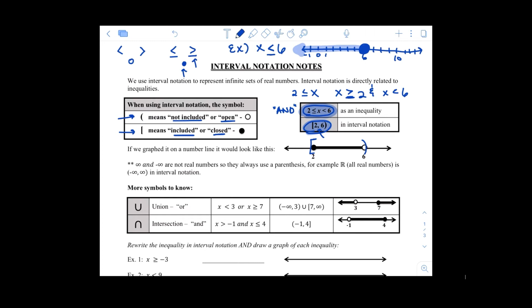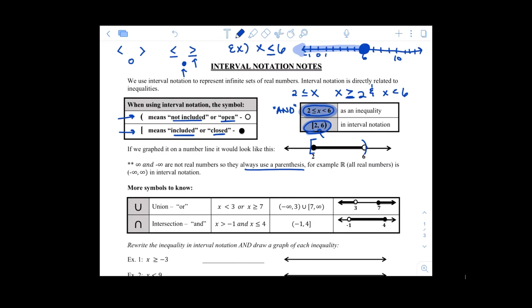One more thing before we move on. Negative infinity and positive infinity are concepts. If a bracket means it's going to be included, can you actually reach infinity? No, you can't. So since negative infinity and infinity can't be reached, they can't actually be hit, you will always use parentheses.